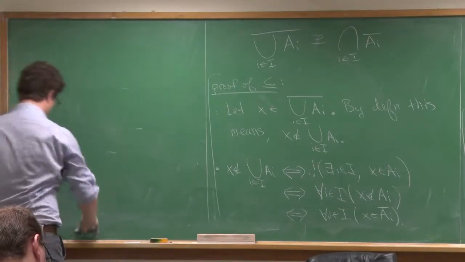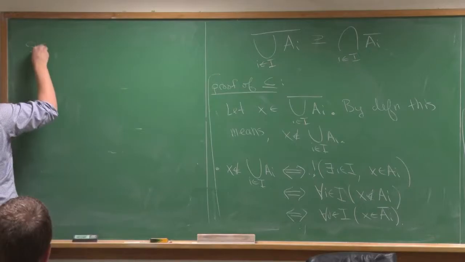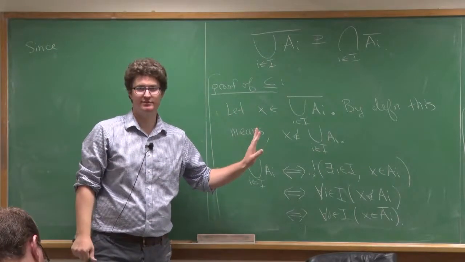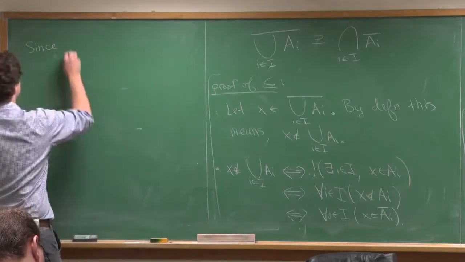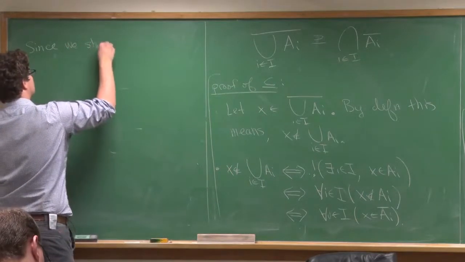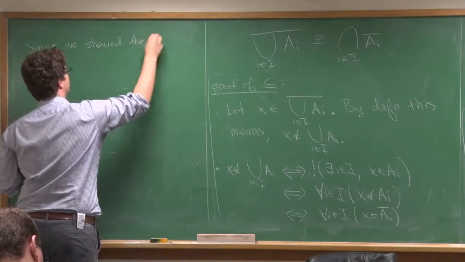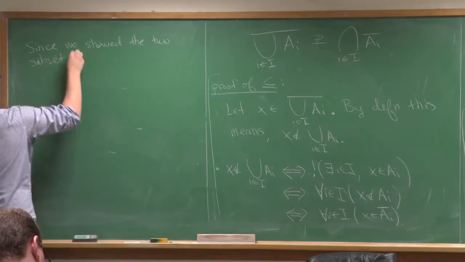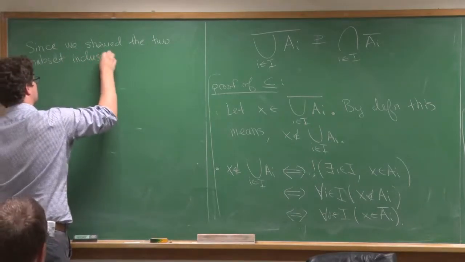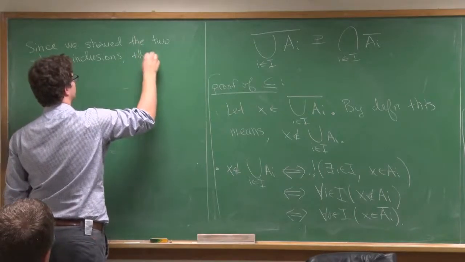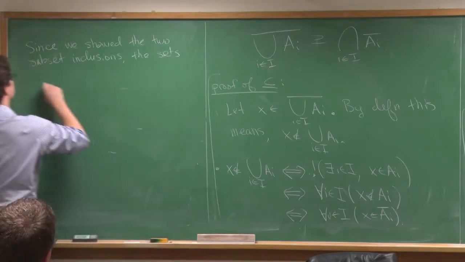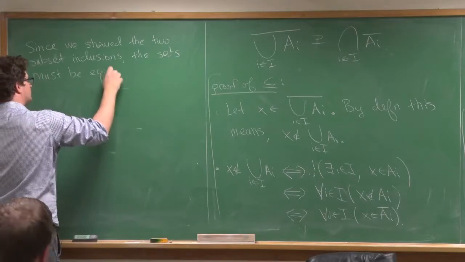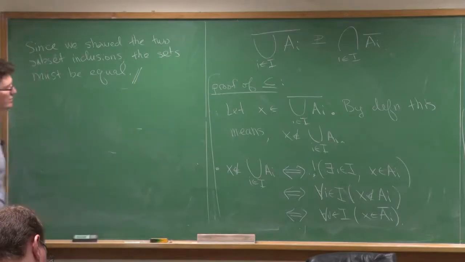And this indicates that even if I messed up somewhere, I knew what I was trying to do. Okay? So since we showed the two subset inclusions, the sets must be equal. All right, and that finishes the proof.